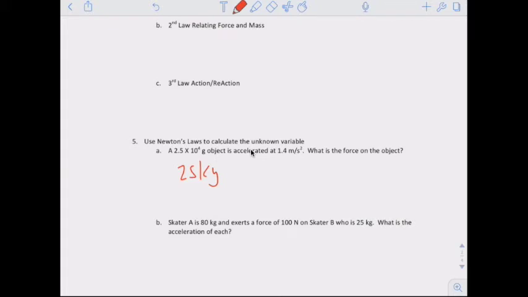What's the force of the object? Force equals mass times acceleration. So all we're going to do is 25 times 1.4, and we get 35, and our unit for force is newtons of force.